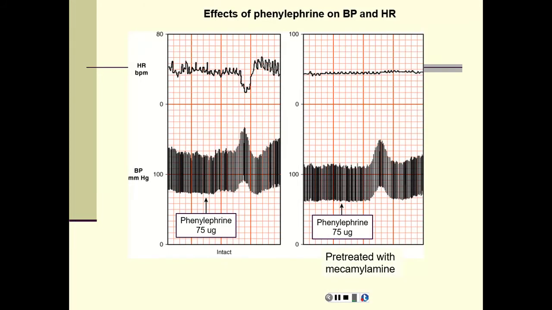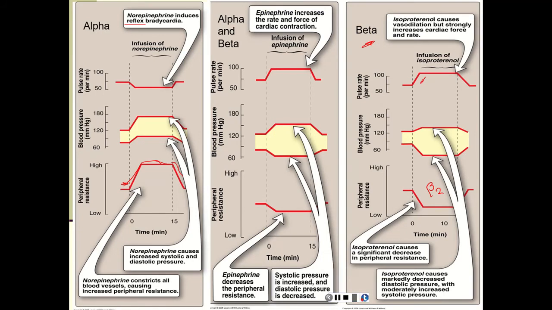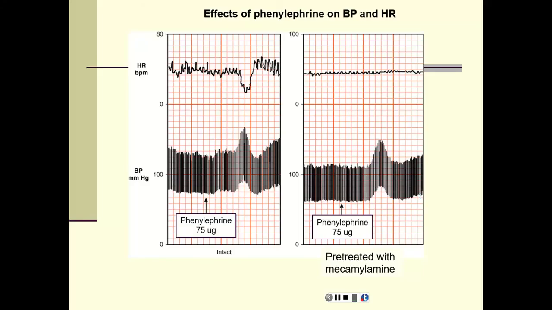And here's the evidence that shows that reflex bradycardia is shown right here, that the reflex bradycardia is indeed a reflex, right? You should understand the logic of this graph, what's being shown here.